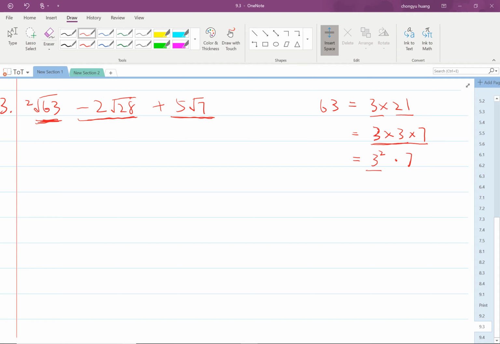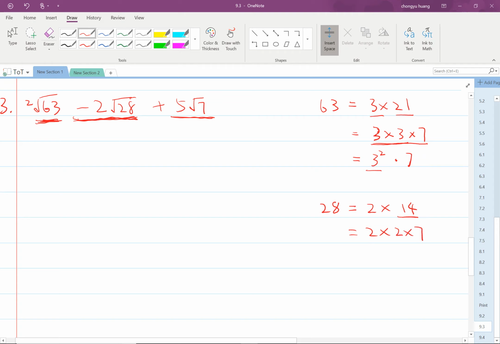Okay, so now let's focus on the second number. You can see that we can simplify a little bit more, right? The second one is the square root of 28. We can write 28 as 2 multiplied by 14, and then 14 as 2 multiplied by 7, right?